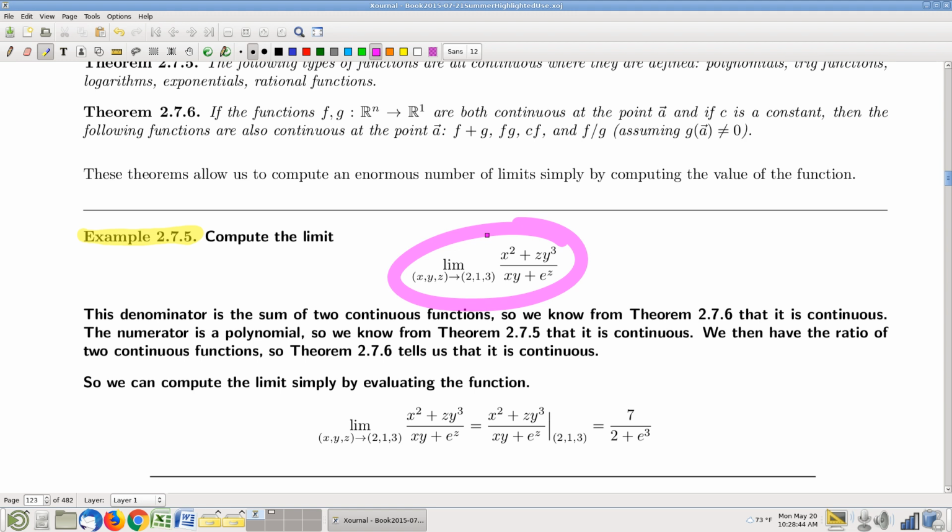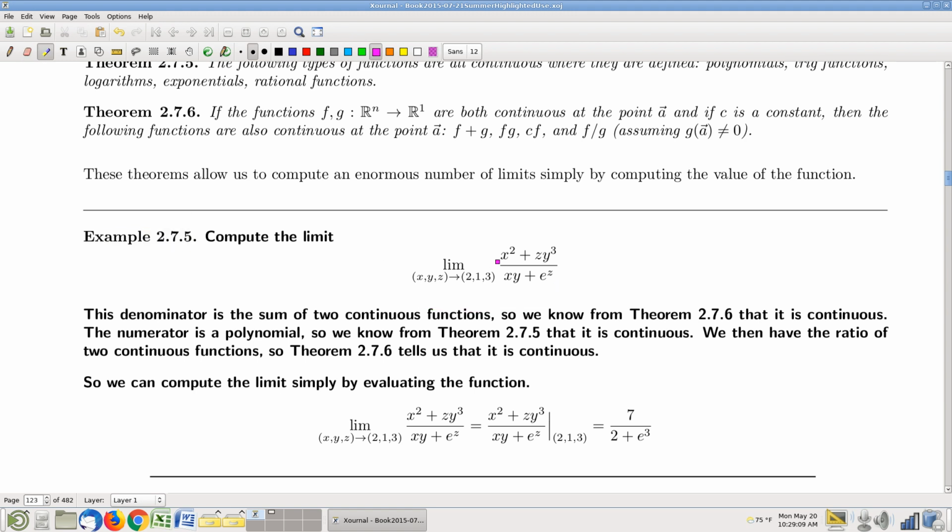There are no logs in here. There are no trig functions. In fact, the numerator is continuous. The denominator is continuous. The denominator's limit is not 0. Therefore, this fraction is continuous. We're taking a limit of a continuous function, so plug in. That is it.